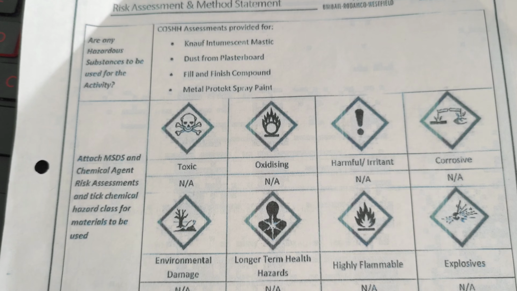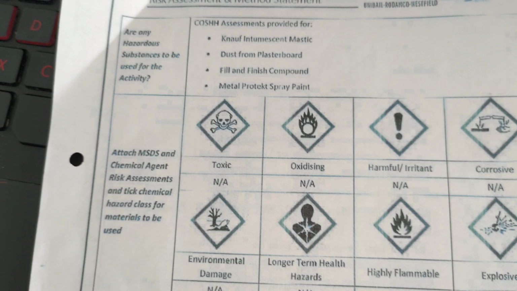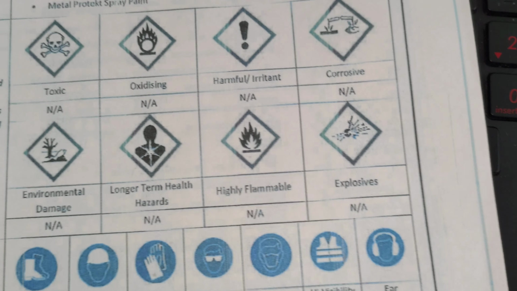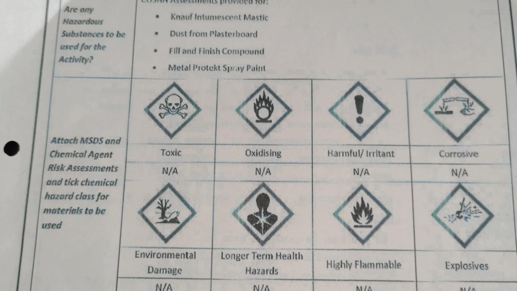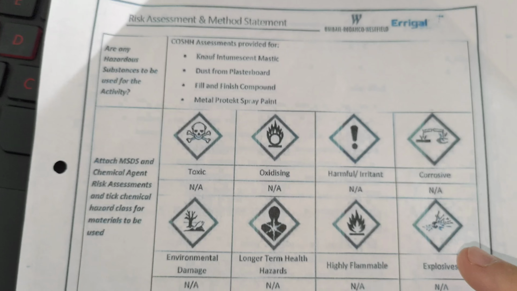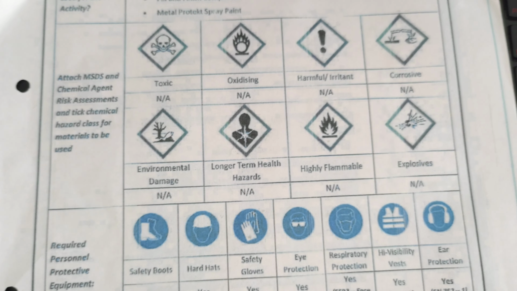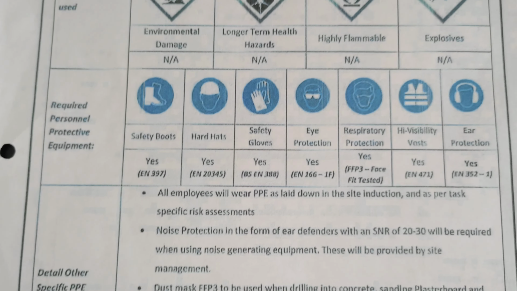Alright, this risk assessment is for some signs, but we are not actually using these. Some toxic materials, corrosive, explosive, just for the people to know, to be aware of.